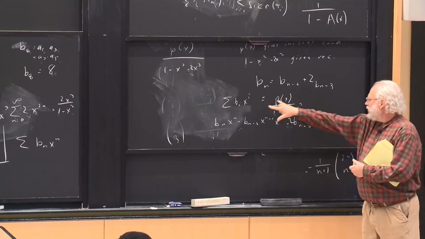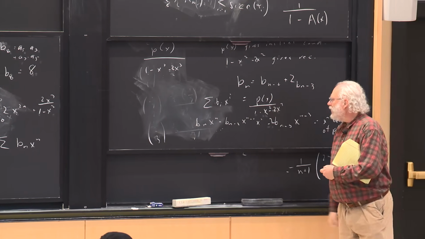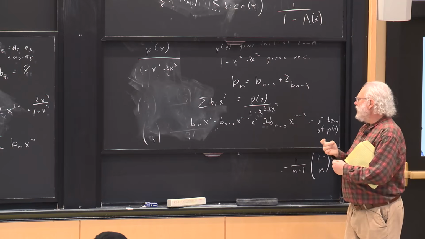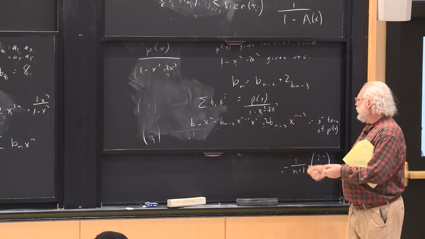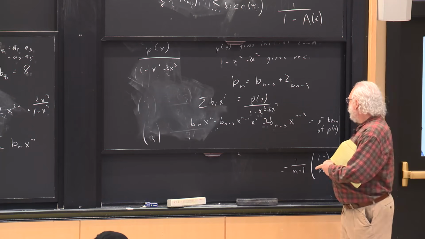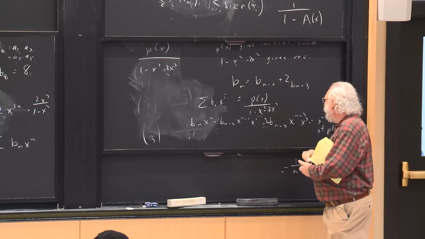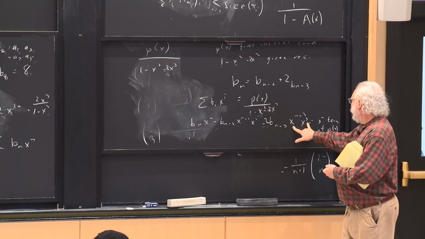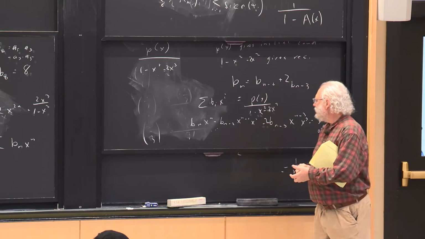So multiplying just this by both sides and pulling out the x to the n term, times x cubed, gives you that.